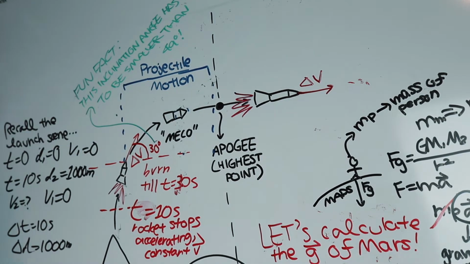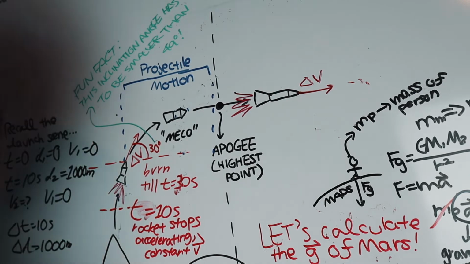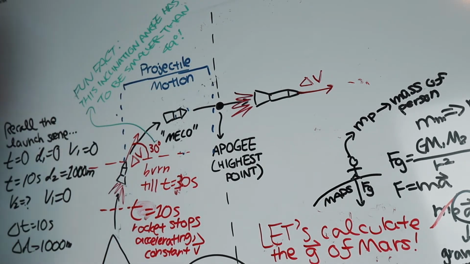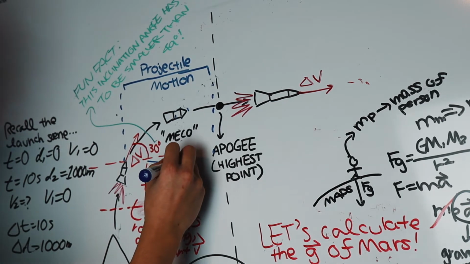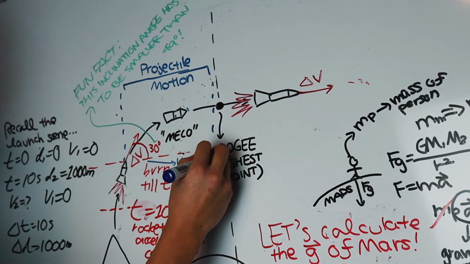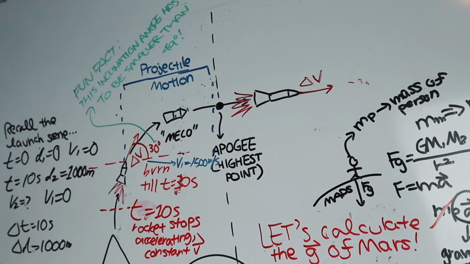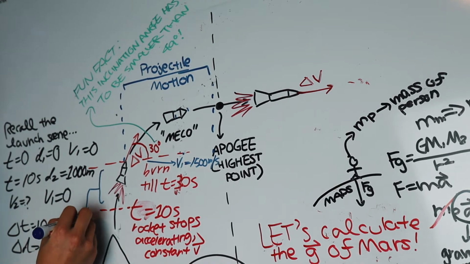Alright, so now we got the value of V1, which took forever in order to accurately predict. Now we can simply plug the number into the equation we're going to use here. V1 equals 1500 meters per second, and here we're going to go through a process called MECO, where it's constant velocity, right?